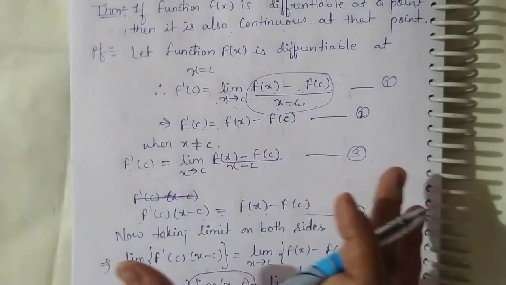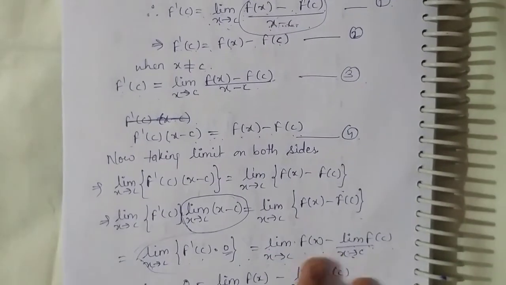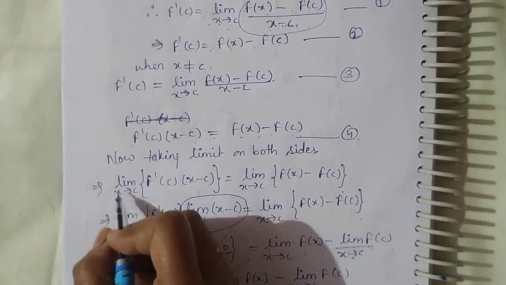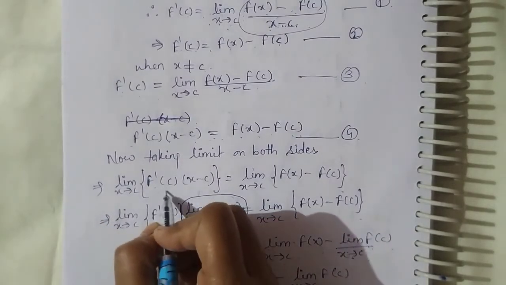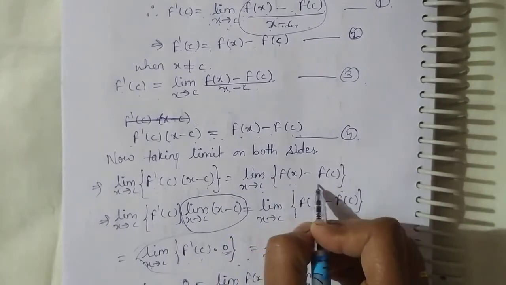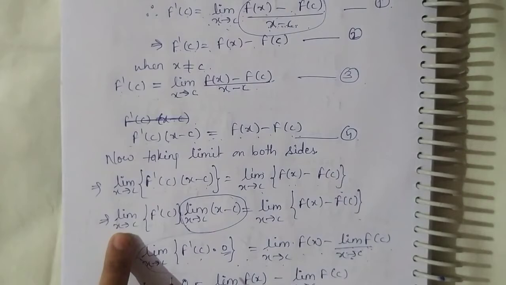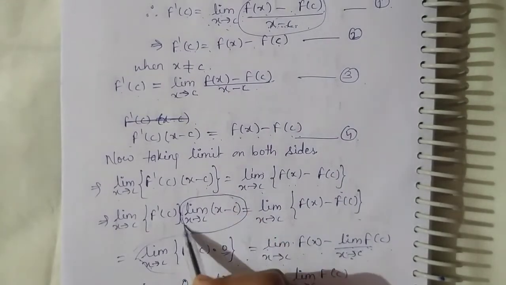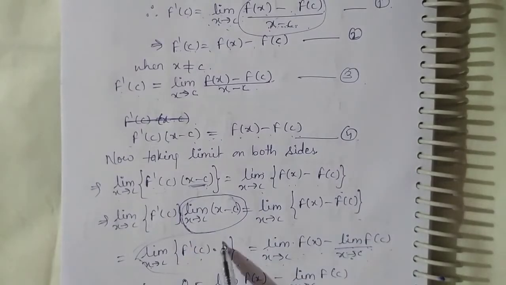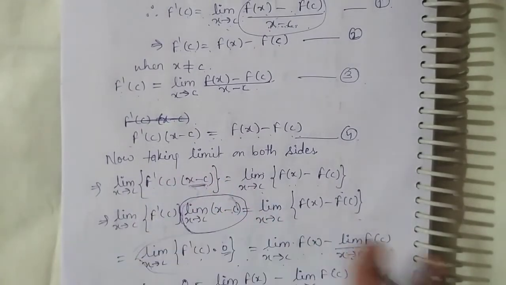Now taking limit on both sides of equation 4, we get limit x tends to c of f dash of c times x minus c, and limit x tends to c of f of x minus f of c. When we take limit x tends to c, this whole term reduces to 0, and when 0 is multiplied by this term, the whole term is 0.